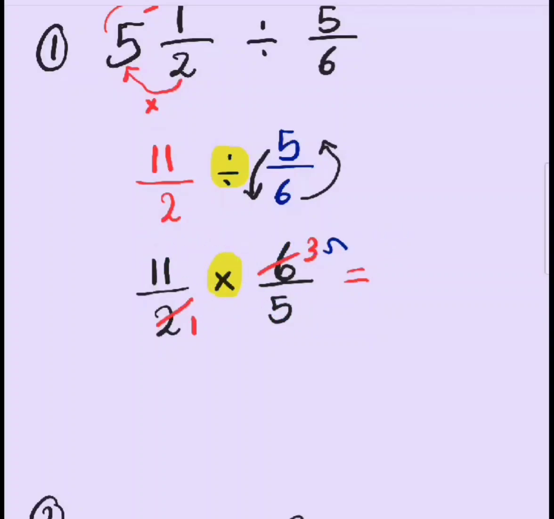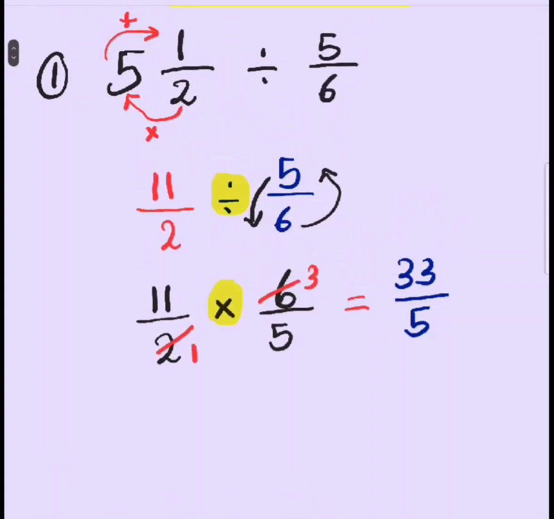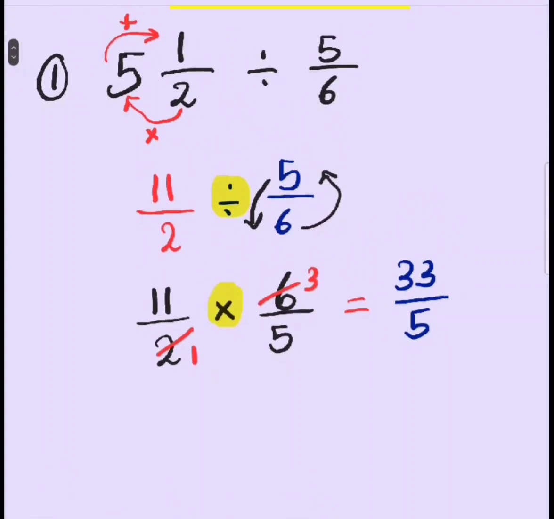So let's multiply straight across now. 11 times 3 is 33. And 1 times 5 is 5. So we get to 33 over 5. Now that is our final answer, but we always want to change an improper fraction back to a mixed number as far as our answer goes.